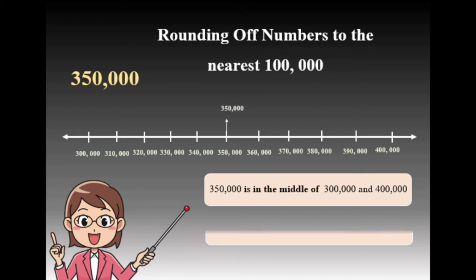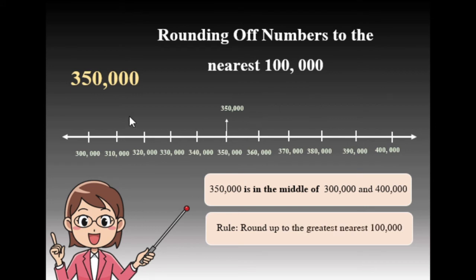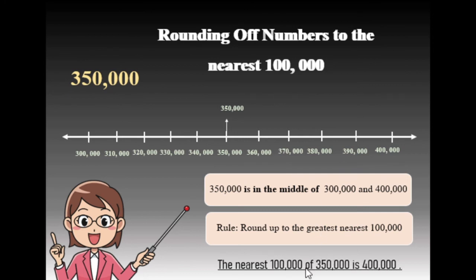So, the rule when it's in the middle of the two numbers, you have to round up to the greatest, nearest 100,000. That means you have to round it up to the bigger number. So the bigger number is 400,000. Therefore, the nearest 100,000 of 350,000 is 400,000.